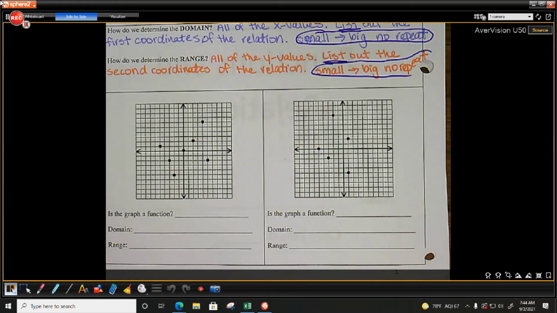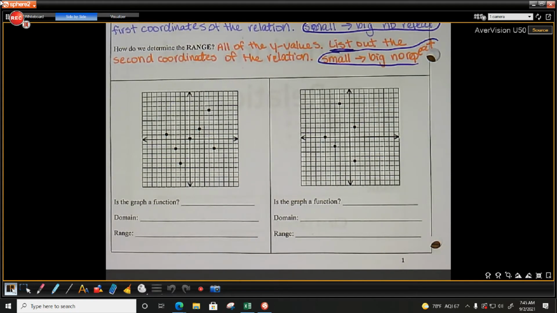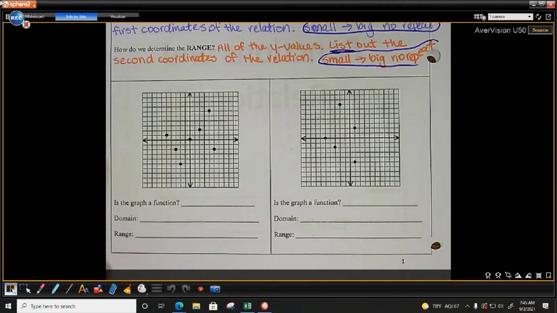So let's look at these graphs. We're going to do 3 things. We're going to say, is the relation a function? And then we're going to state the domain, which are your x's. Then we're going to state the range, which are your y's. Well, it's super hard to look at a graph and write out your x values, because I just see a bunch of dots.